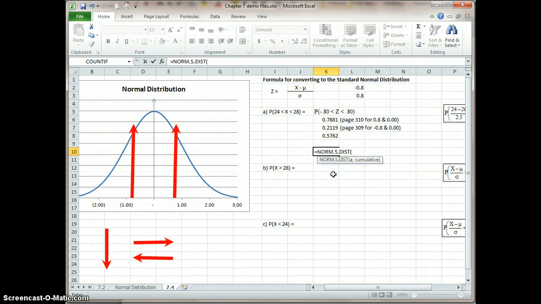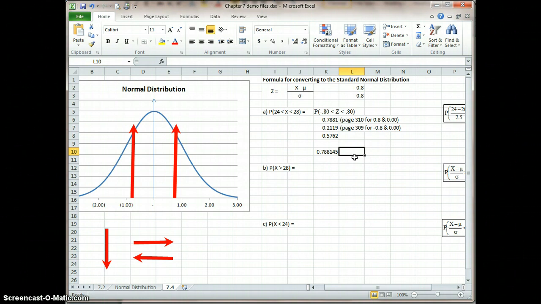I'm going to double click here, and the z-score I'm going to put in there is 0.8. Then I separate the items asked for. Now it's asking for cumulative, and I'm going to put true in there. Close the parenthesis, and that gives me that same 0.7881 I see up here.